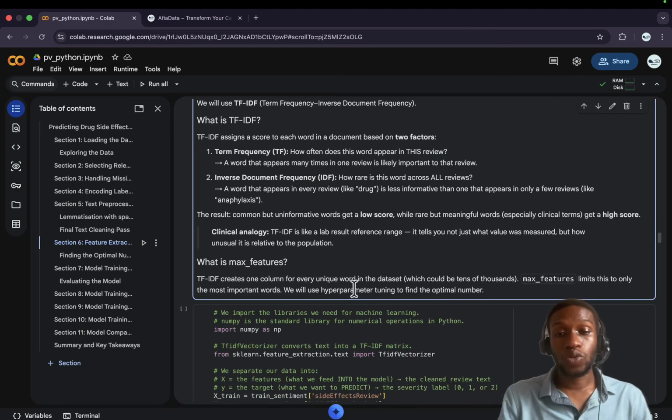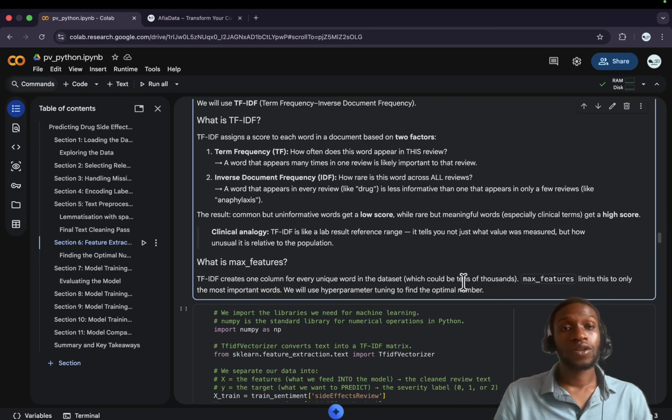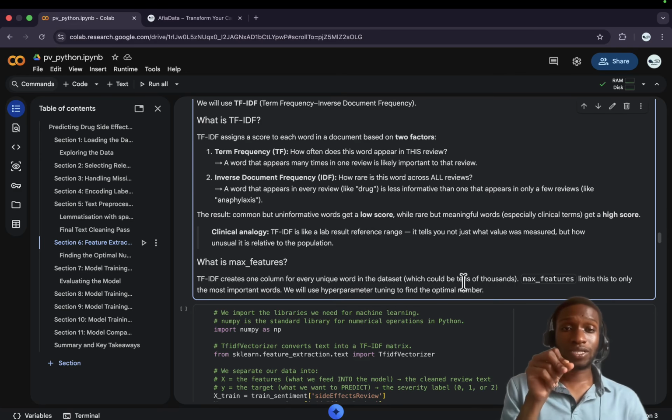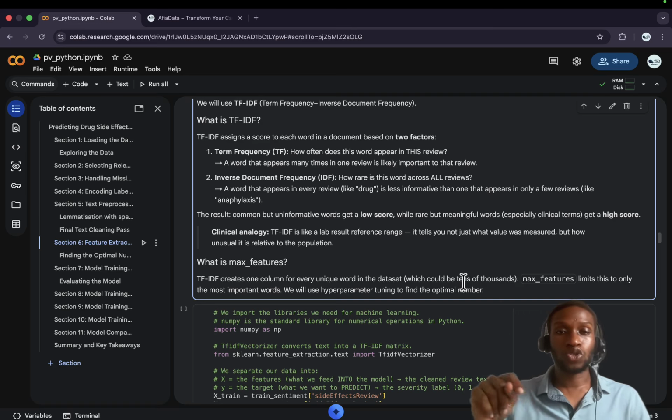We will use hyperparameter tuning to find the optimal number. I will dive deeper into this when we look at the model training. The reason we are going through this step is for you to understand how to troubleshoot a problem within the machine learning pipeline in health data science.